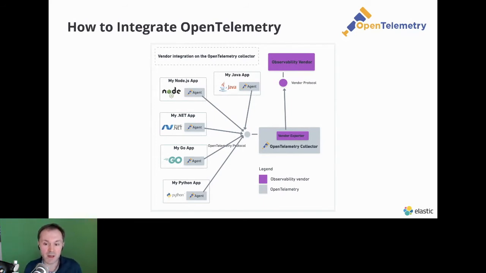So it can be the Elastic APM server protocol. It can be the Jaeger protocol. And then every instrumented application will use a pure OpenTelemetry data collection layer, a pure OpenTelemetry agent that will send the observability data, using the OpenTelemetry protocol, to the collector that will be the translator in the middle.